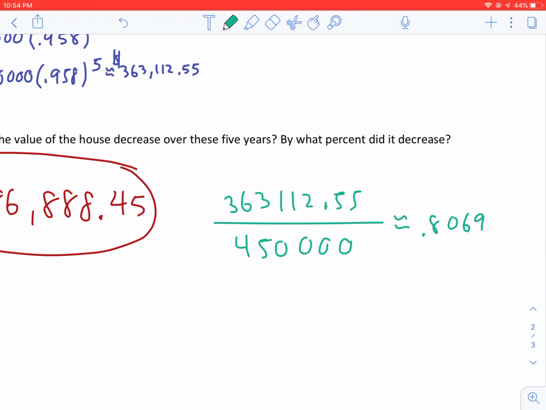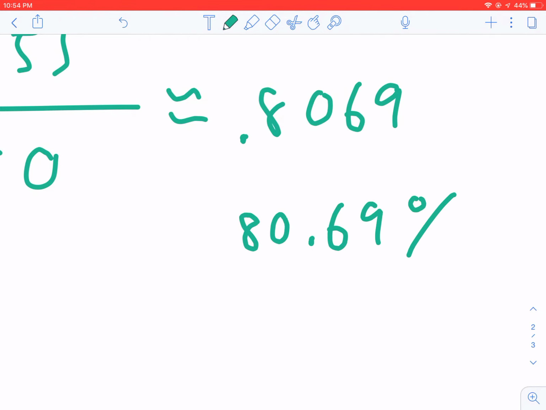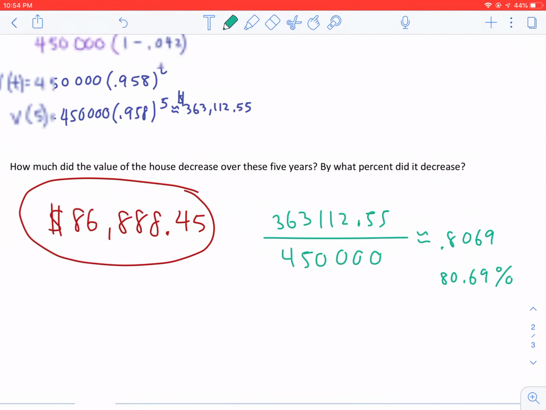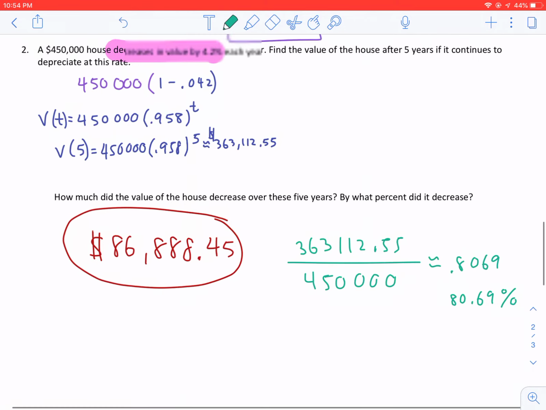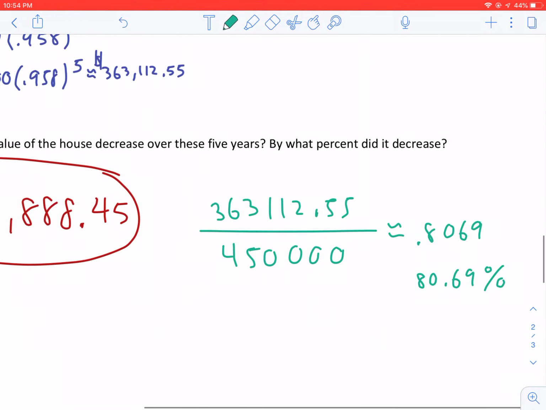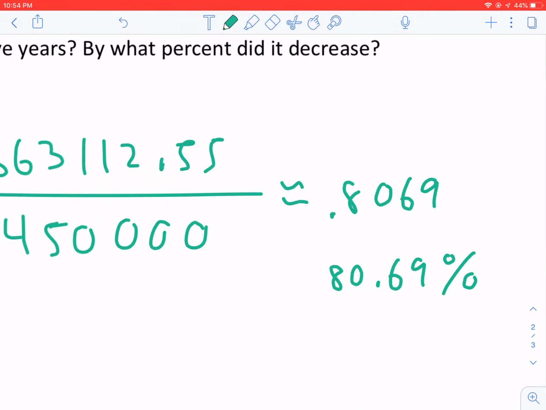So what percent did it decrease by? Did it decrease by 80.69%? No. Again, we have to subtract this from 100%. What this is saying is, after 5 years, it's worth 80% of what it was originally. So how much did it decrease by?